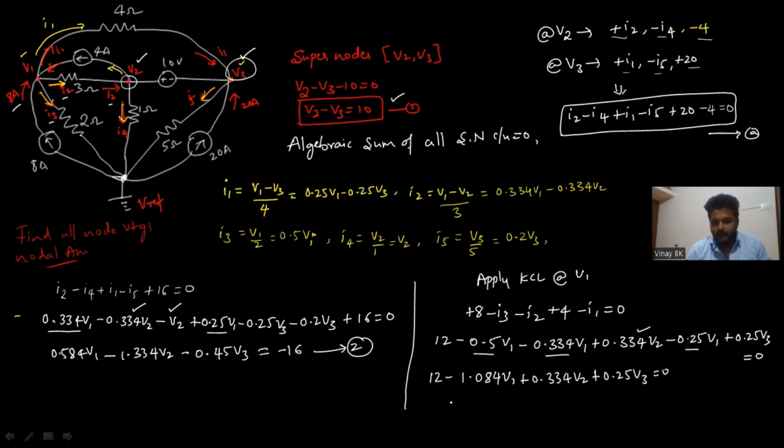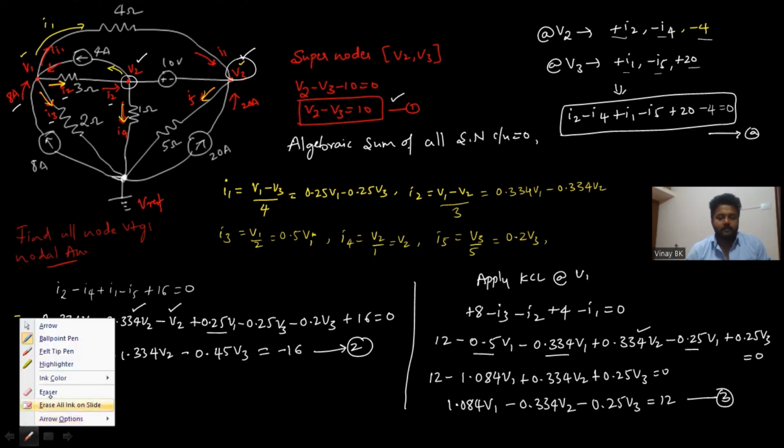I'll rearrange this: 1.084 V1 minus 0.334 V2 minus 0.25 V3 equals 12, and this is equation number 3.